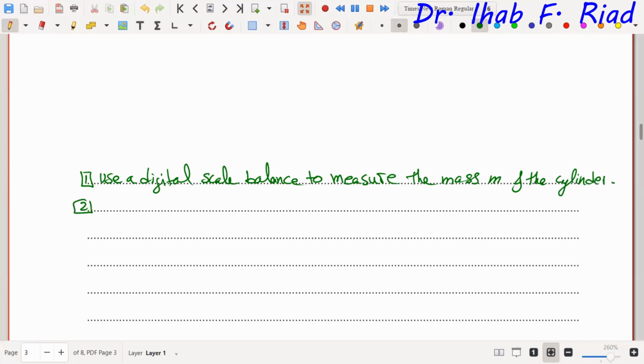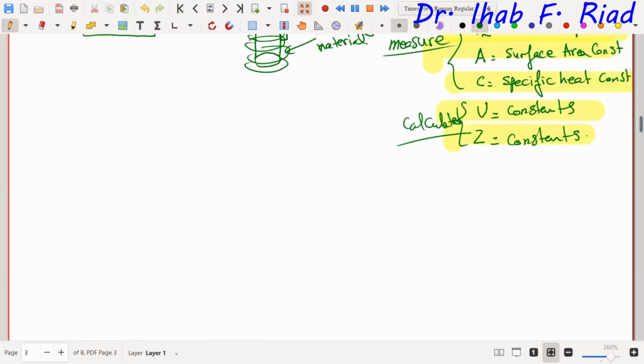Two, we need to calculate the area. By the way, Dean, this is the cylinder, right? Yes. And what is A? Surface area of the whole cylinder, right? Yes.